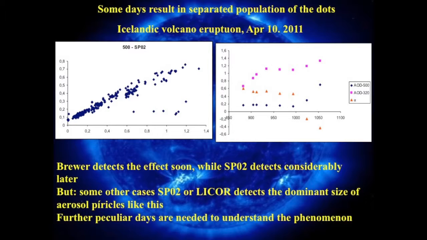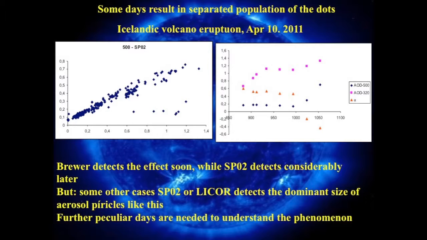When I studied the other circumstances, I assume, I'm not sure now, but it seems that the reason is that the Brewer AOD detects the higher particles in some cases or earlier than the visible wavelengths.